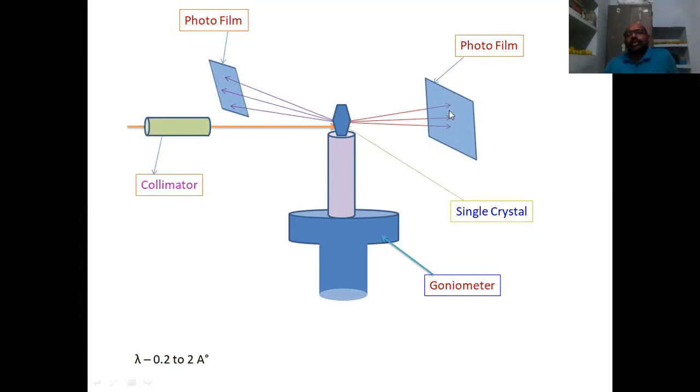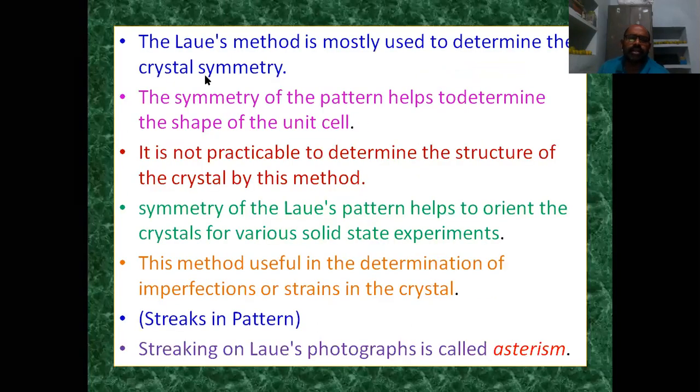That systematic or symmetrical pattern we get tells us there is symmetry in the crystal. So Laue's method is mostly used to determine the crystal symmetry.